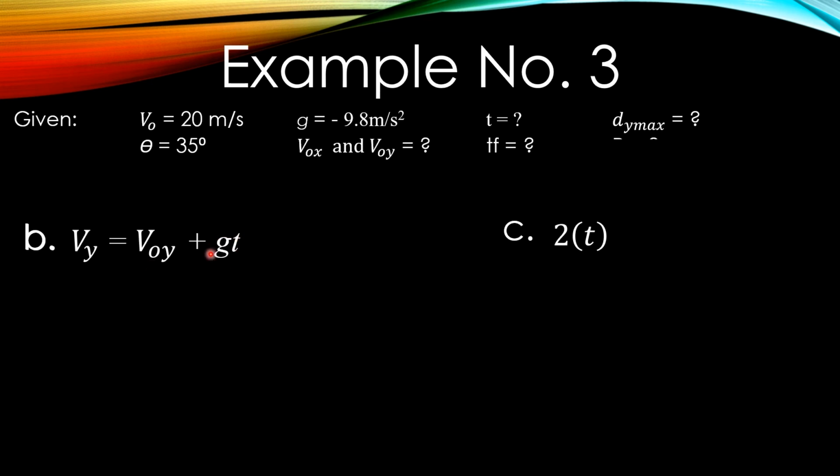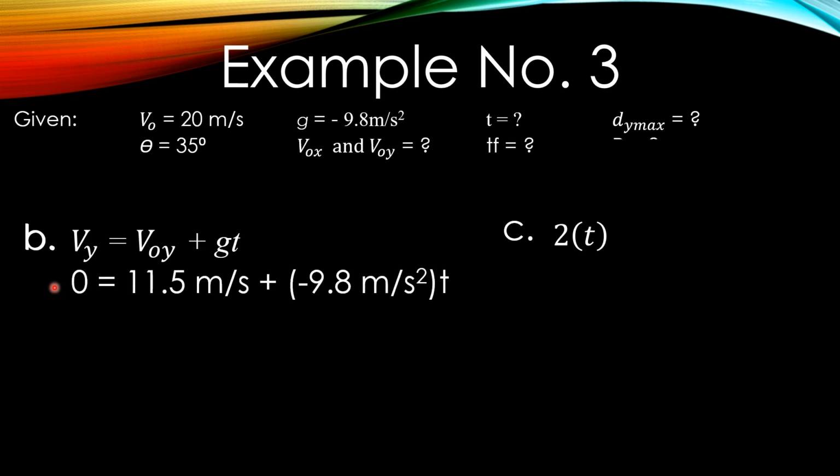The gravitational pull is constant and therefore equal to negative 9.8 meters per second squared. The first thing that we need to do is to substitute the given. Now, transpose 11.5 meters per second to the other side of the equation. As we transpose 11.5 meters per second, the sign will be changed into negative. So we have negative 11.5 meters per second.